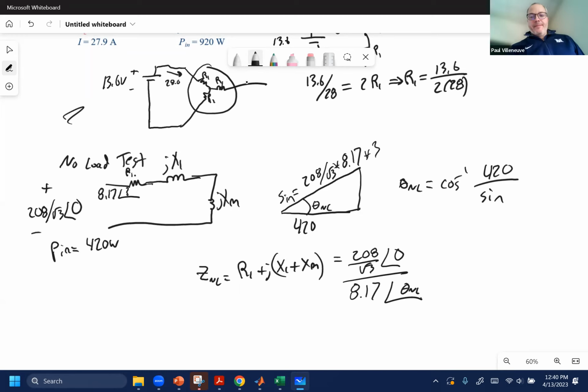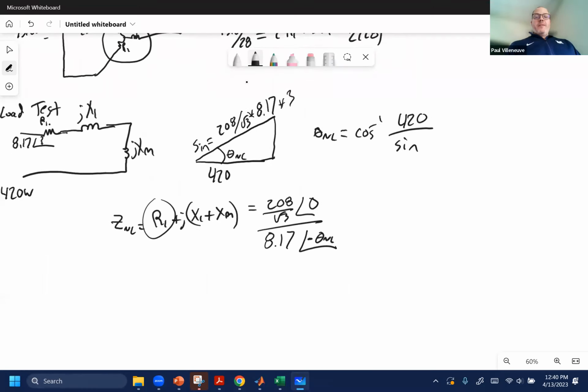Negative. So that's the value. I don't need R1. So all I'm going to do, because I've already solved for it, is solve for the imaginary part of Z no load and set that equal to X1 plus XM. So take the imaginary part, that's going to be equal to X1 plus XM.